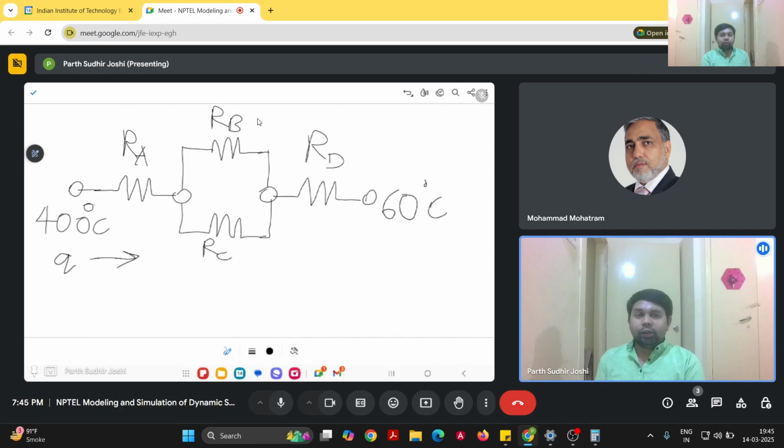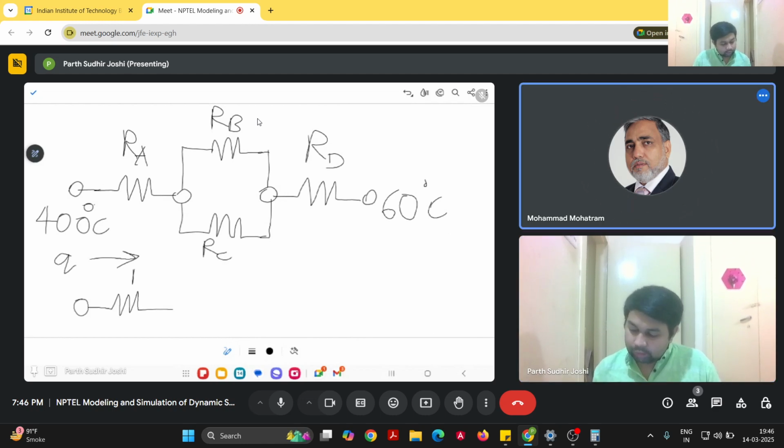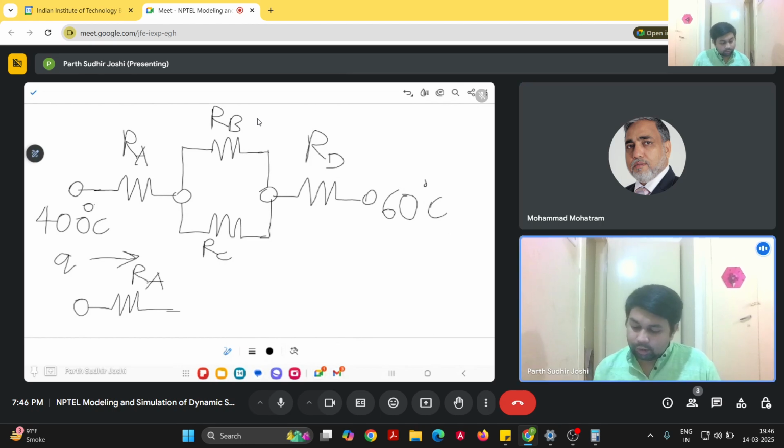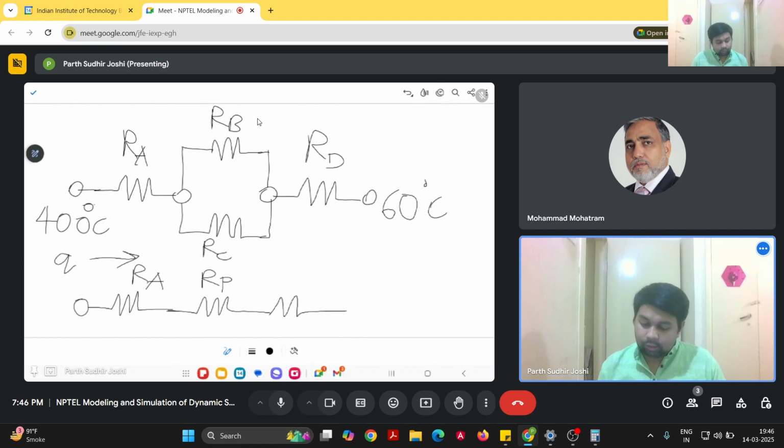Now we can use the same methods as electrical resistance calculations. We will first calculate the equivalent resistance of B and C. Because they are in parallel, we can simplify it, and I'll call this RP.